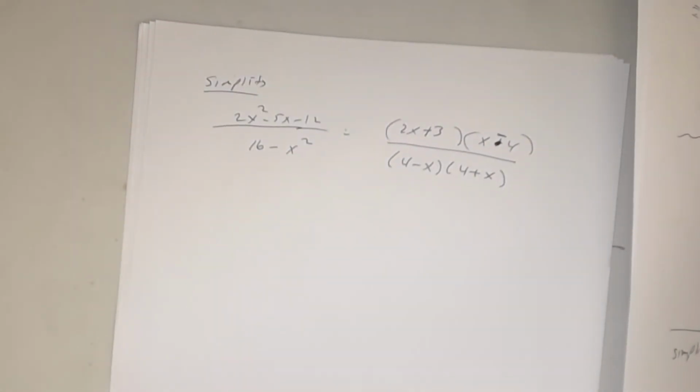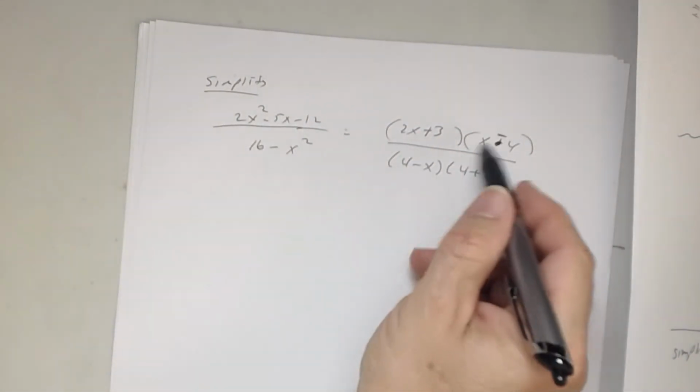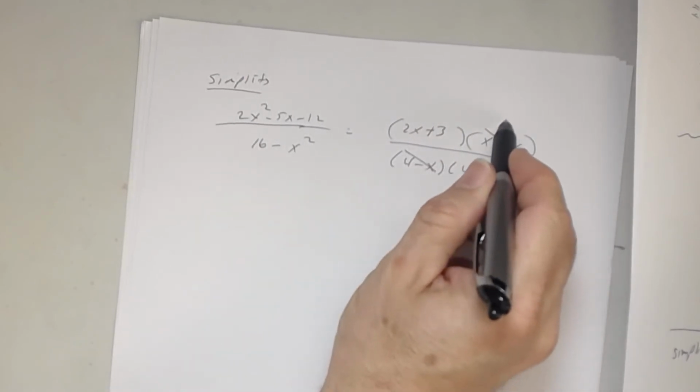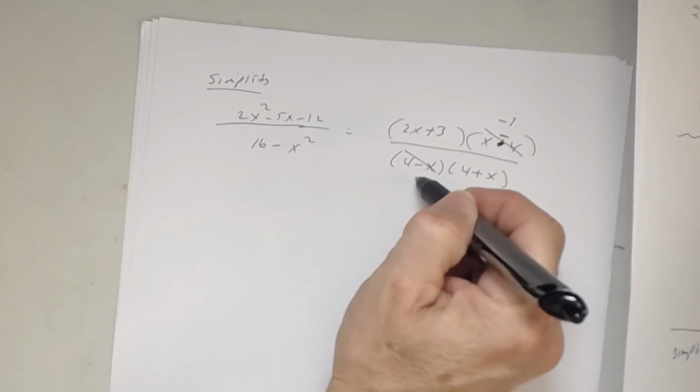Can I reduce anything? Yes. What can I reduce? x minus 4 and 4 minus x. All right. So these two right here are opposites. So I'm going to cross these out. I'm going to put the negative 1 here and the positive 1 here.